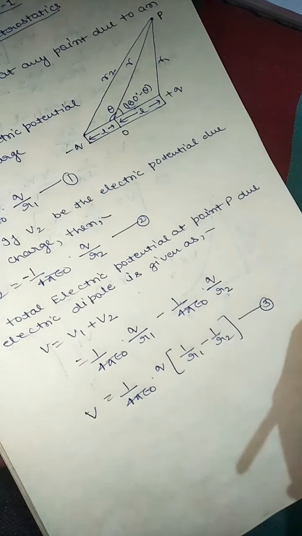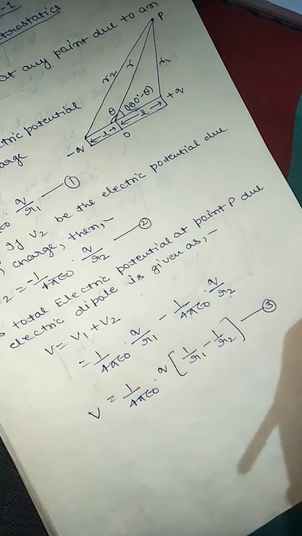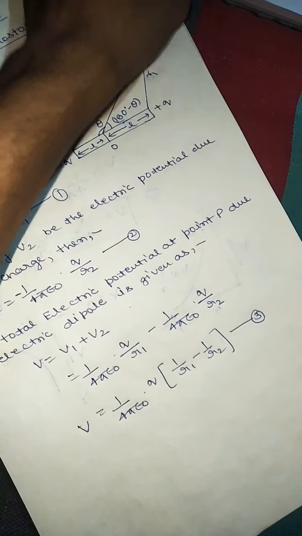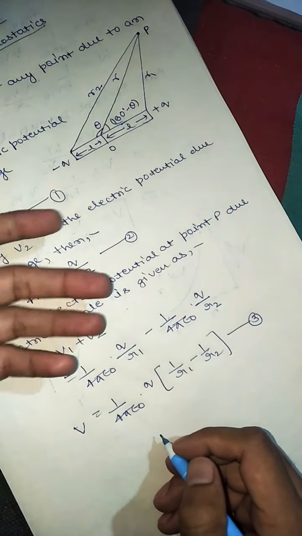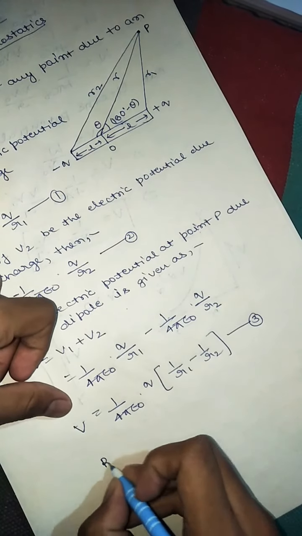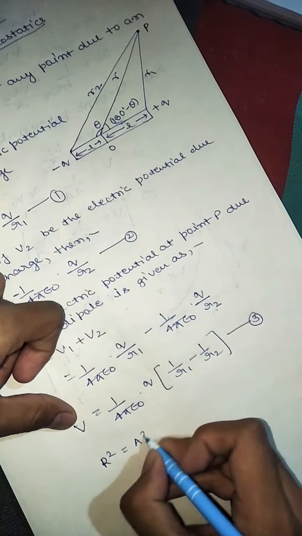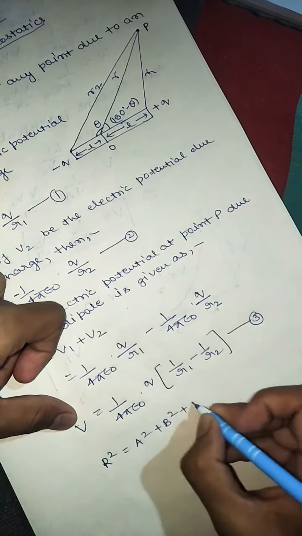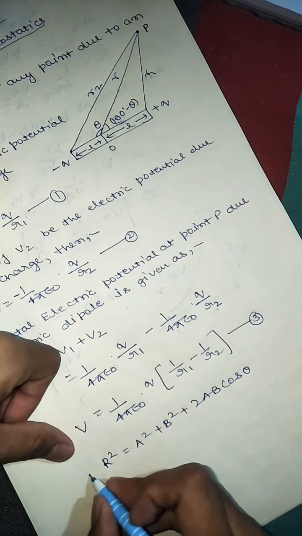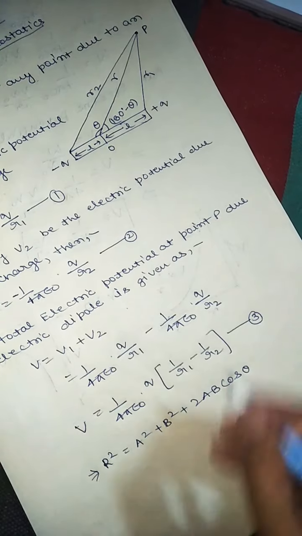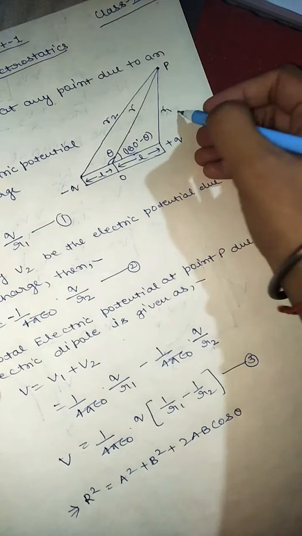For finding the values of r1 and r2, we are going to use the resultant. We have learned that R square is equal to A square plus B square plus 2AB cos theta. Do we remember this? In previous classes we learned this formula for the resultant. So for r1 we go from the diagram.